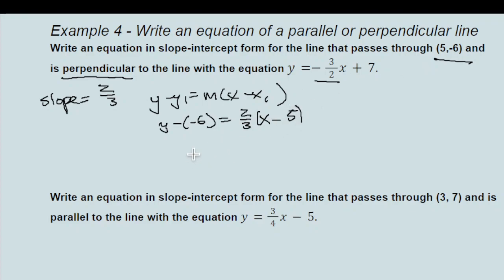These get a little ugly, so bear with me. This becomes y plus 6, double negative, equals, and now we multiply this out because they want it in slope-intercept form. With the distributive property we get 2/3 x minus, well, 2 times 5 is 10, so minus 10, and 3 times 1 is 3, so minus 10/3.